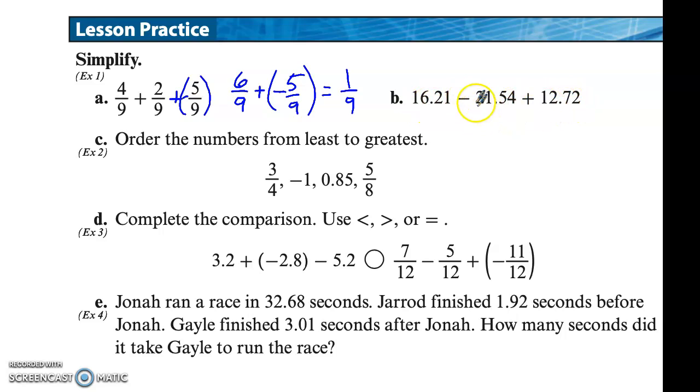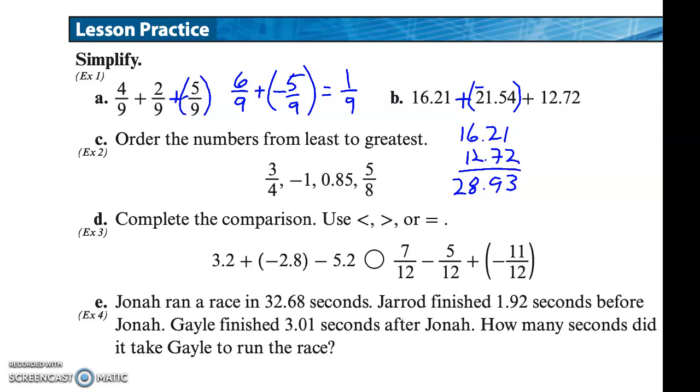Here I have 16.21, 12.72, those are both positive numbers. Here's my negative number. I'm actually adding negative 21.54, right? So I'm going to combine 16.21 and 12.72. Those are my two positive numbers. I get 28.93.